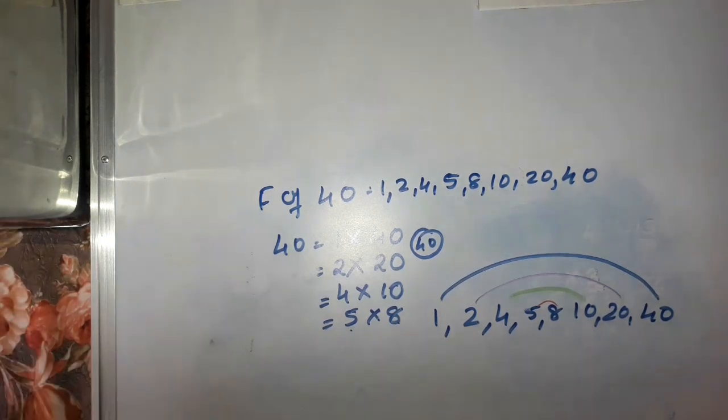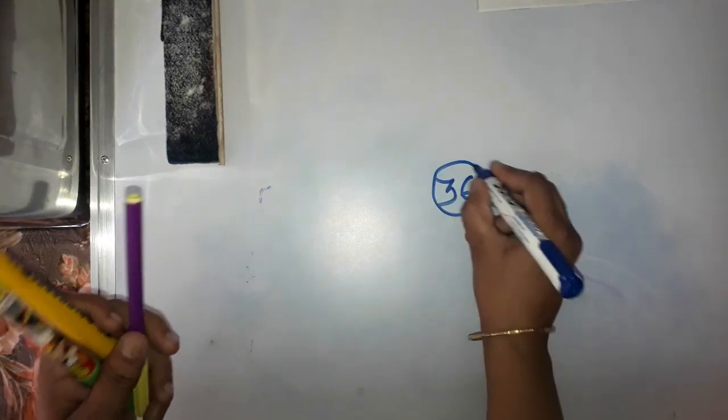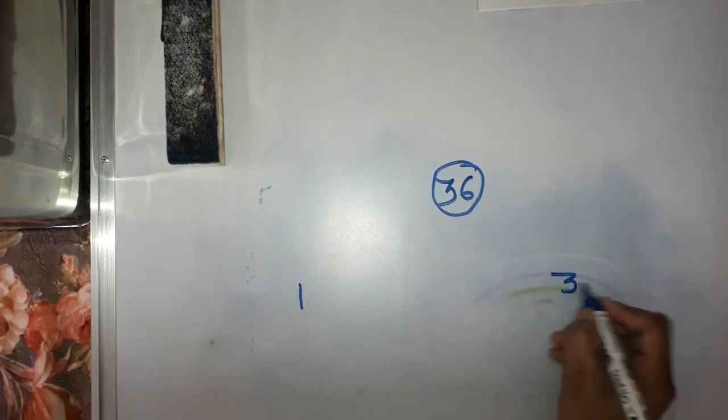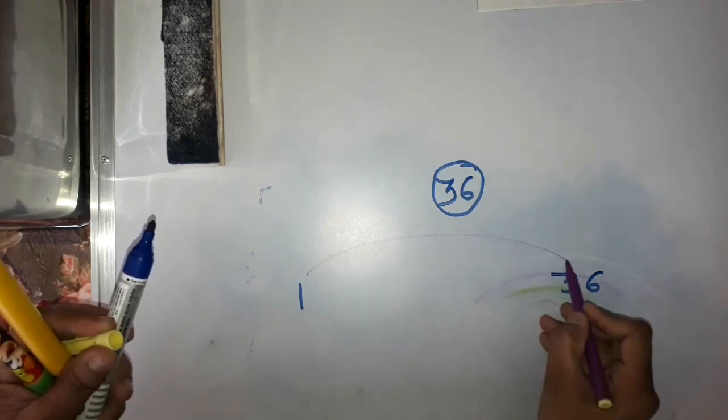Let's try one more example using the rainbow method. Say you want to find out factors of 36. So 36, I will start with 1 and 36. 1 into 36.